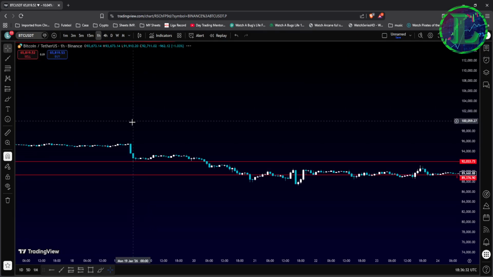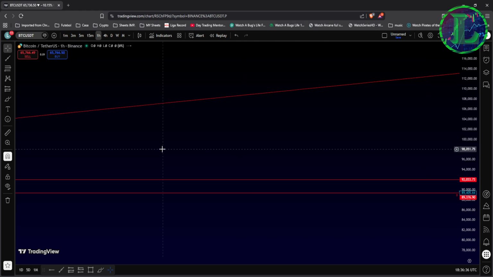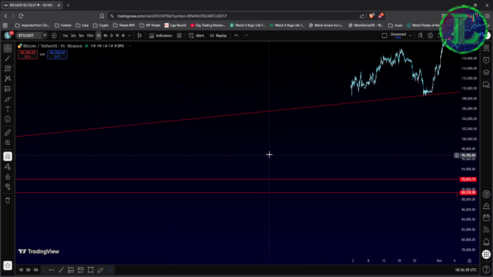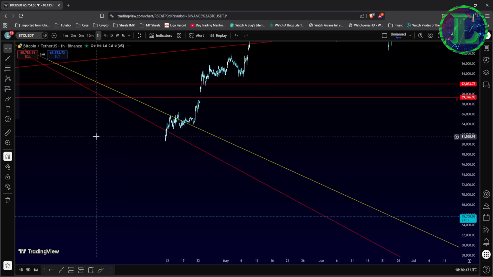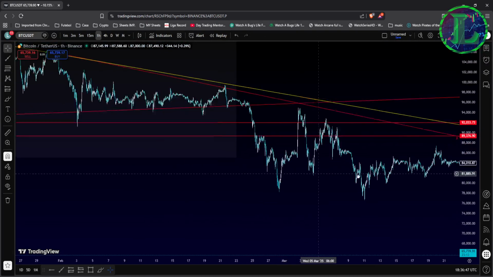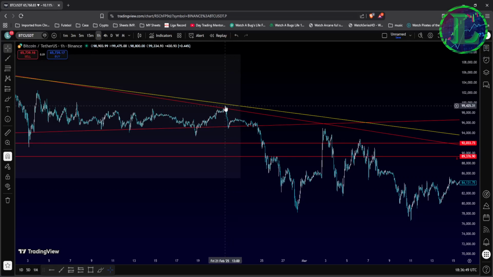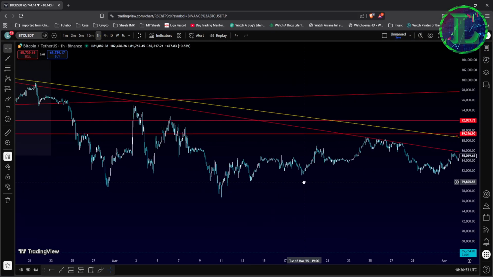So if we go to the 1 hour, let's go to TradingView. If we go to the 1 hour, you can see that the price also fails here. And where is the other one?